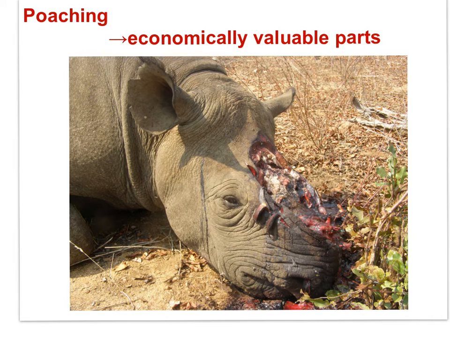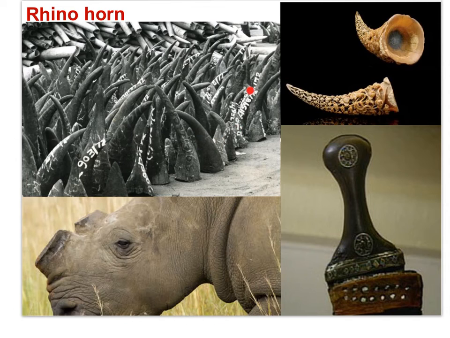Rhino horn is coveted in the Middle East as a cultural object. Thus, the cultural interest and economic value of the horn has driven rhinos to the brink of extinction. Rhino horn is used to make dagger handles. One possible solution to the potential extinction of rhinos would be to cut the horn off of living animals to make them less attractive to poachers.